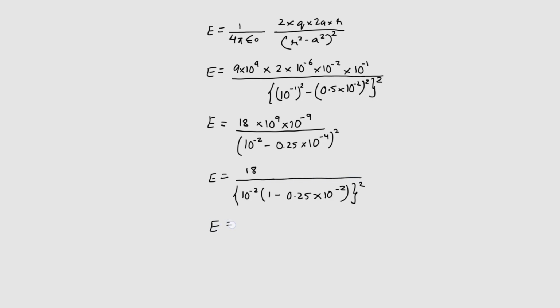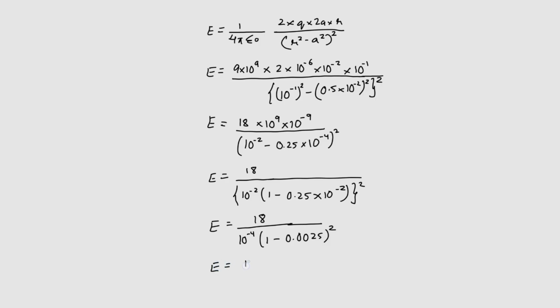Now E is equal to 18 divided by 10 to the power minus 2 square, which is 10 to the power minus 4. Apart from that, within the bracket you have 1 minus 0.25 into 10 to the power minus 2, which is 0.0025. Again, whole thing square.